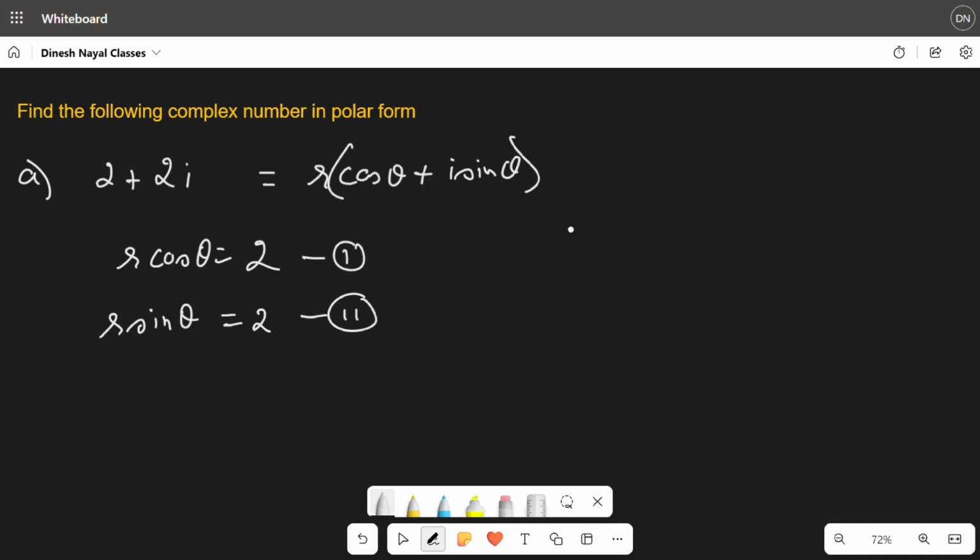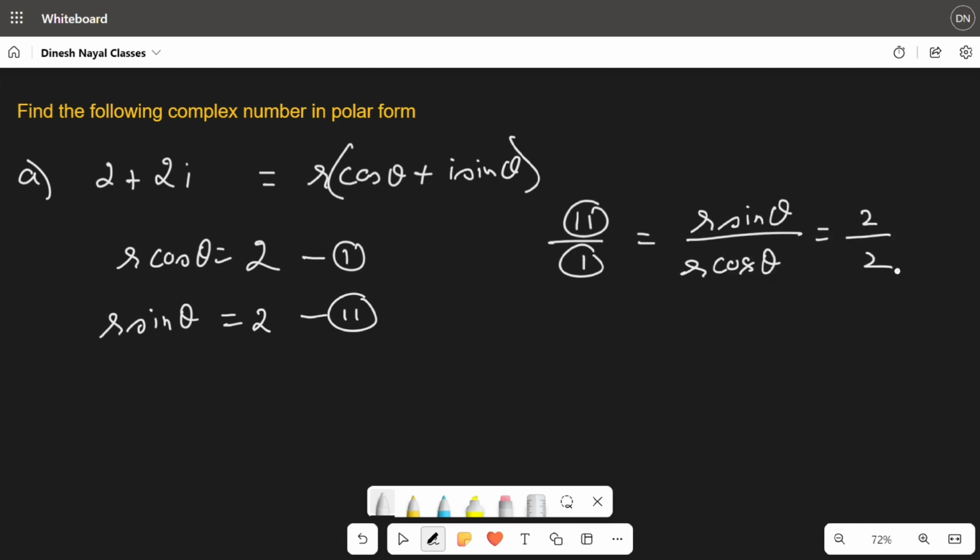Now we do equation 2 by equation 1, that is r sin theta upon r cos theta equals 2 by 2. So r and r get cancelled, 2 and 2 get cancelled to become 1. Sin theta by cos theta is tan theta. So tan theta equals 1, and theta is tan inverse 1.